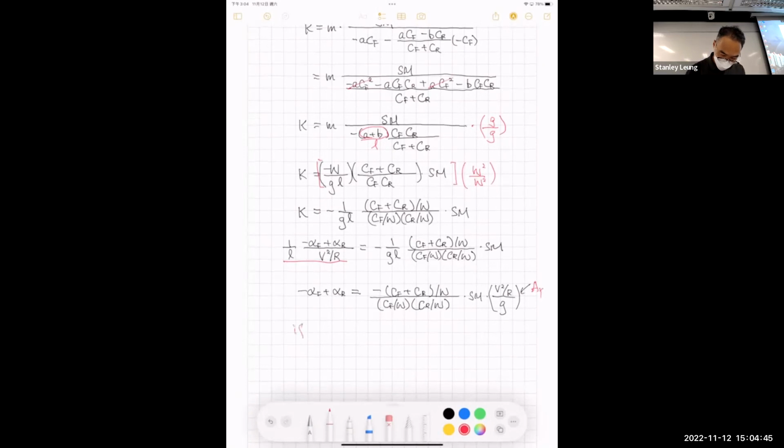So if you have your corrected operation, and this thing, you can call this effective.